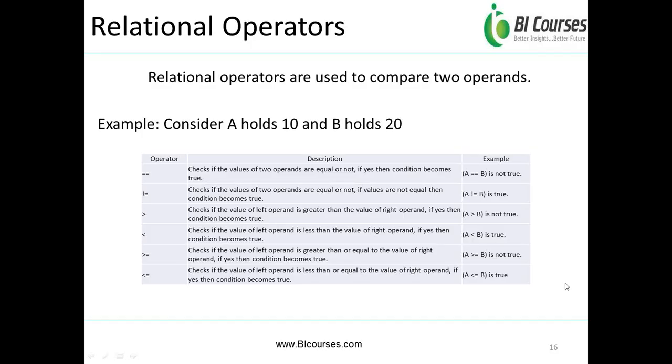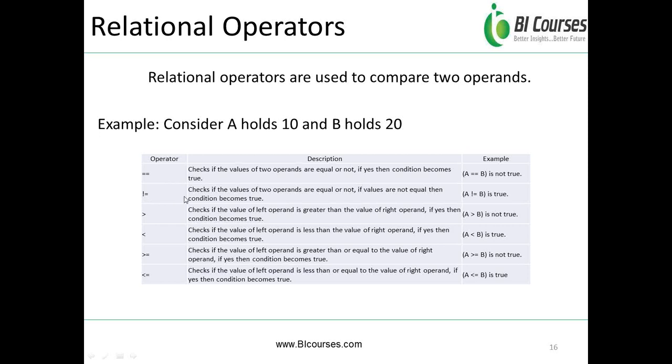The next operators are relational operators. These relational operators are used to compare two operands. See here, if a holds 10 and b holds 20, these are the relational operators. Equals, double equal, checks if these two operands are equal or not. If yes, then it returns true.